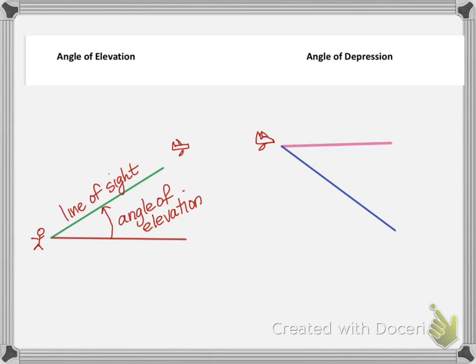So what happened in this case is his line of sight changed from the horizontal downward. Now this is his line of sight, or her line of sight, and so this is now instead an angle of depression.